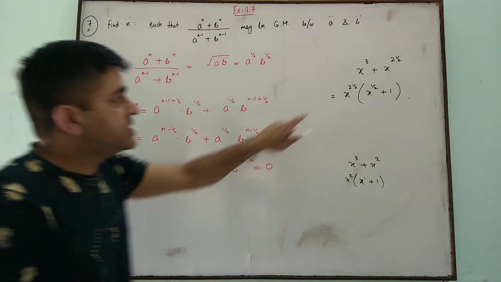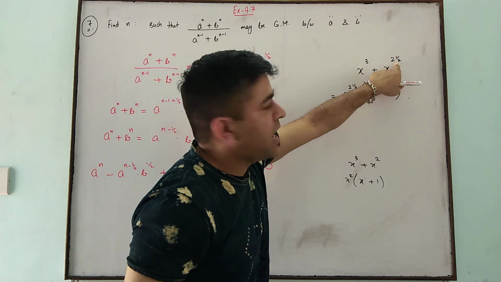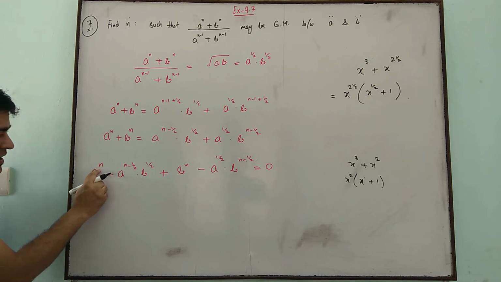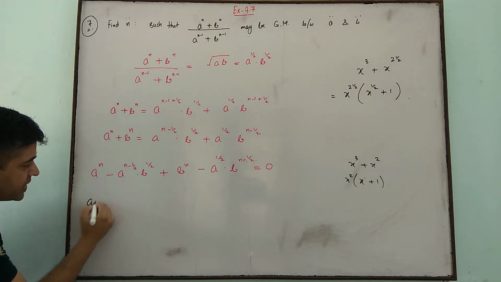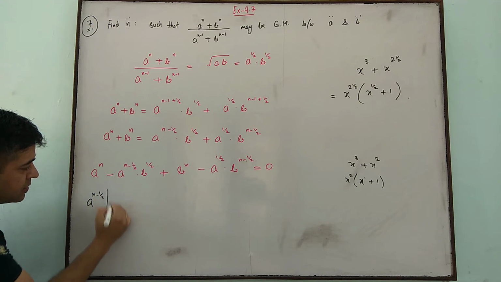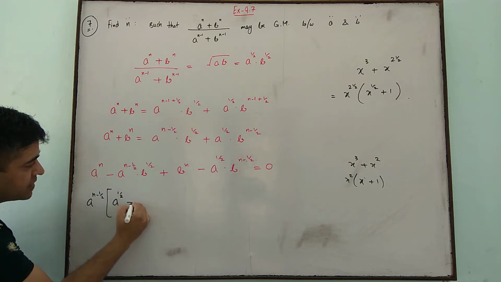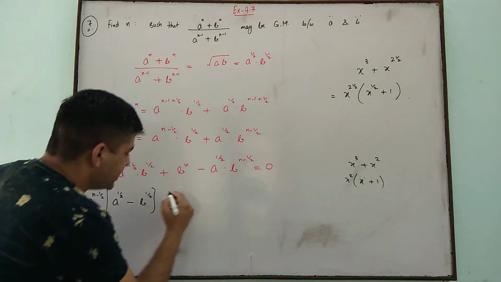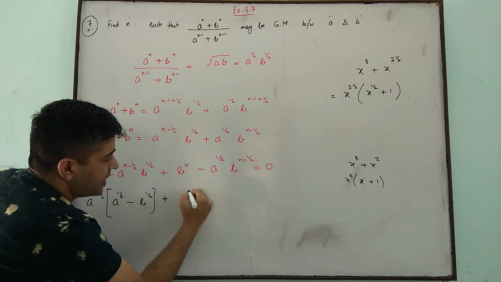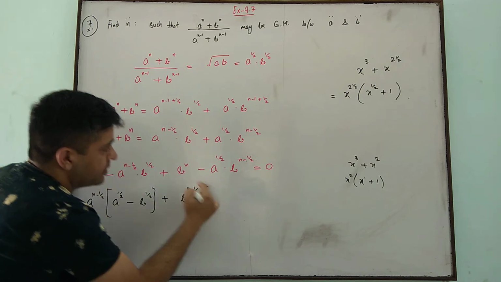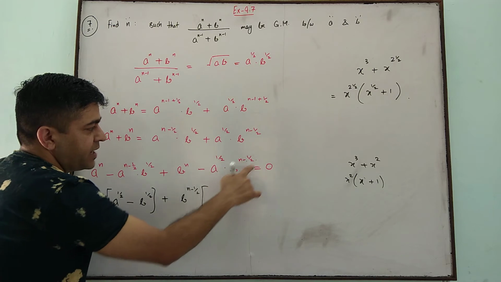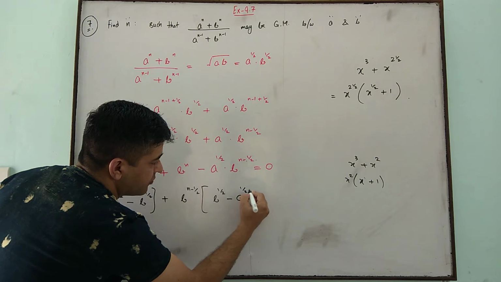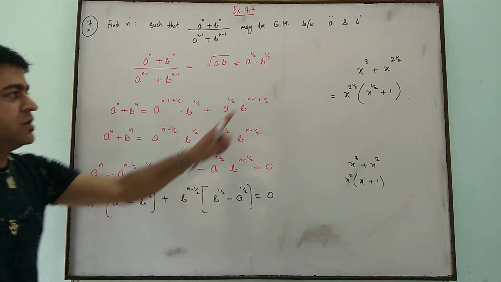Right? Same way this is n minus half. Here this is n minus half. So obviously a to the power half will be left. If we take n minus half common, a half will be left and here it is b half. Same way out of these two, if we take b^(n-1/2) common, here it is b half minus a half, according to this concept.